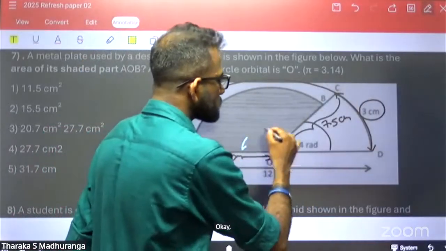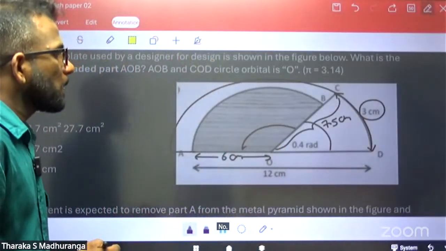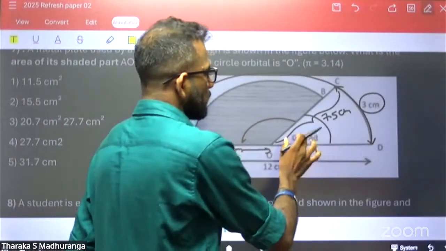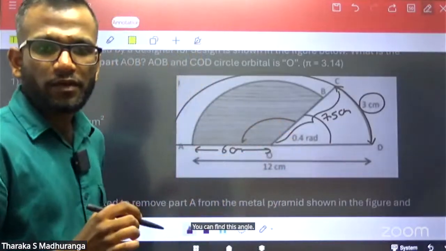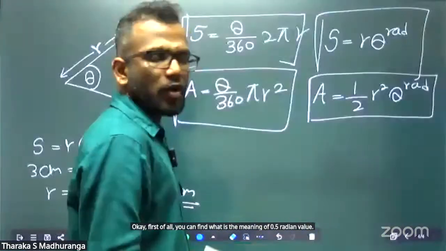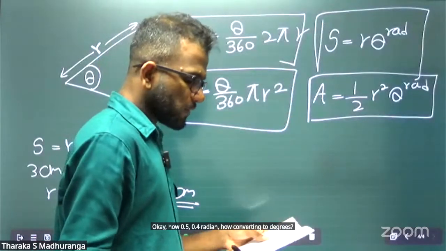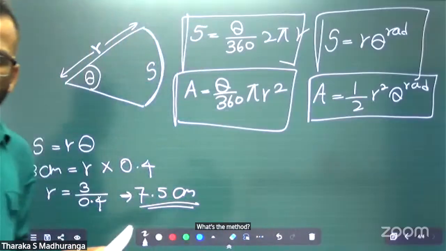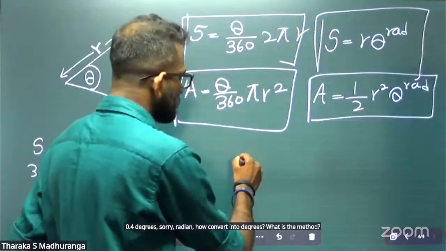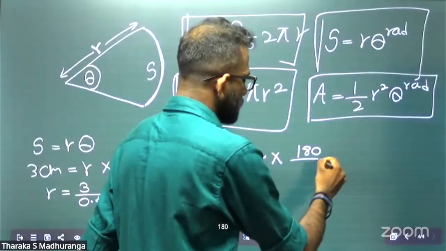Okay, now you can find this angle. First of all, you can find the meaning of the 0.4 radian value. How do you convert 0.4 radian into degrees? What's the method? 0.4 multiplied by 180 over pi.